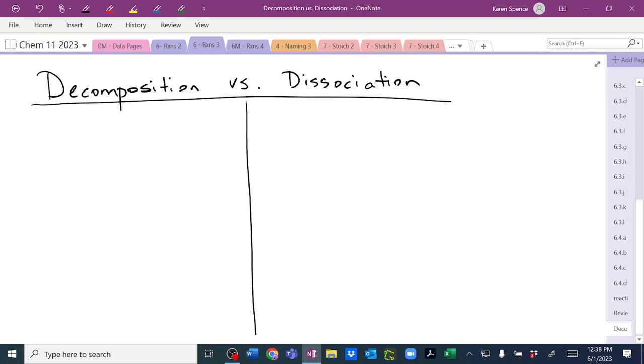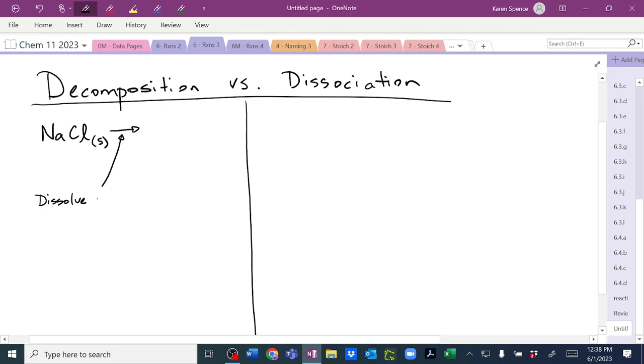So we're going to compare decomposition versus dissociation. And let's just take a look at, let's say, for example, NaCl. If I have a solid, I could dissolve it in water. Whoops, I put it on the wrong side.